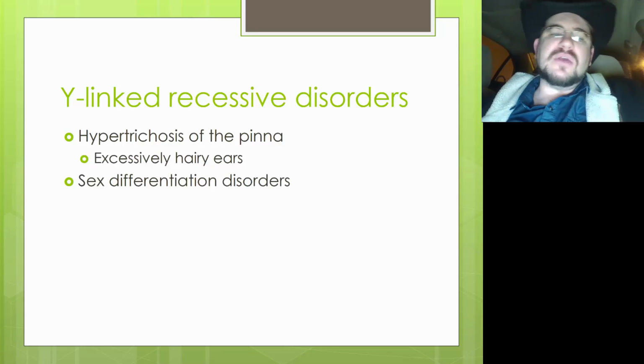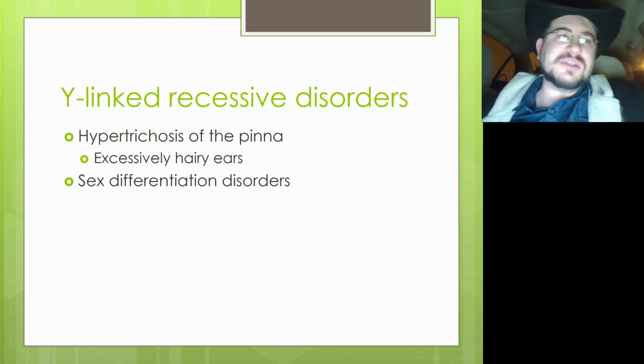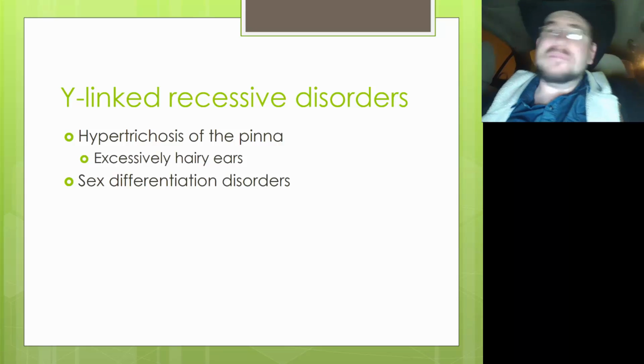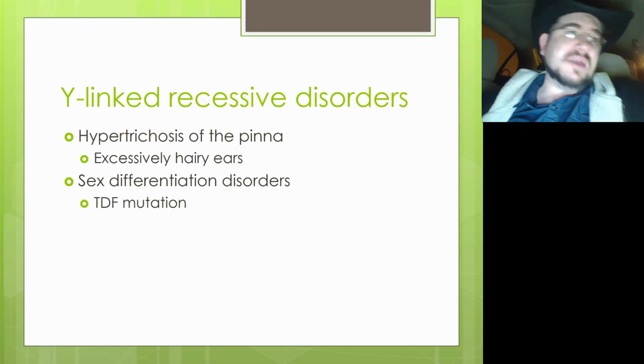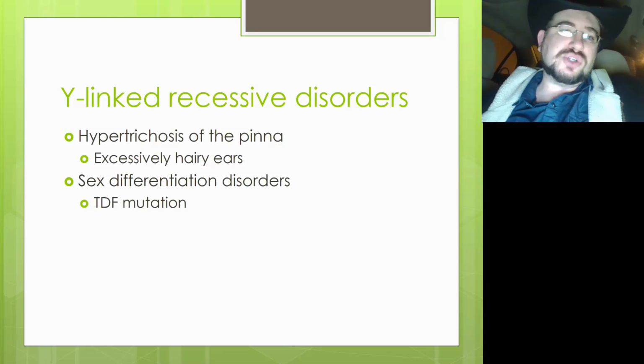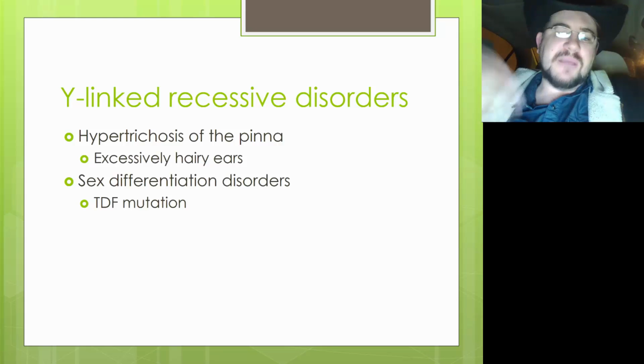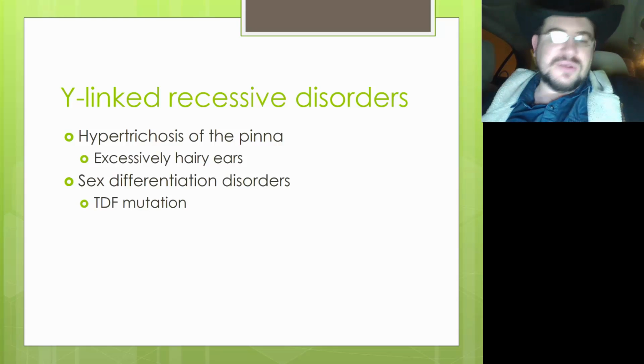The other thing you can see that are Y-linked are sex differentiation disorders, although these tend to not be something we look at as inherited. The TDF gene is the gene on the Y chromosome that triggers early testosterone production, and that triggers the embryonic development pathway that leads to a male fetus.